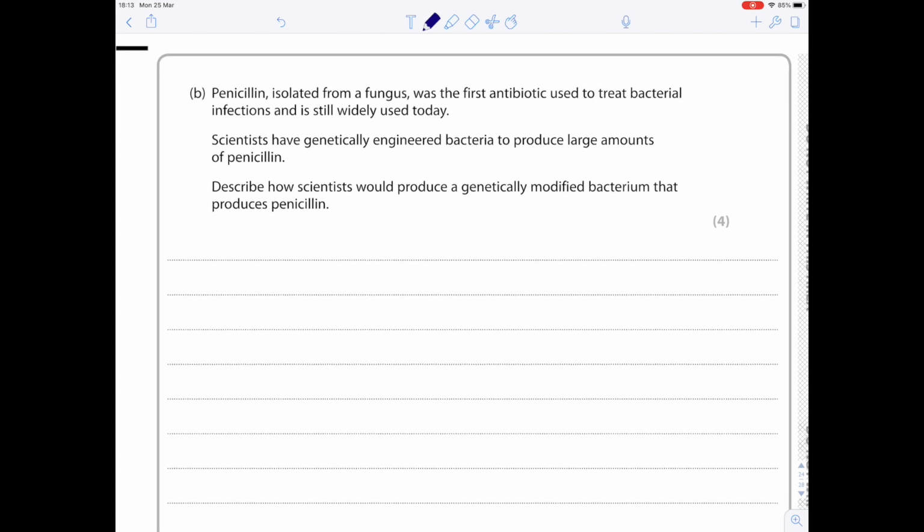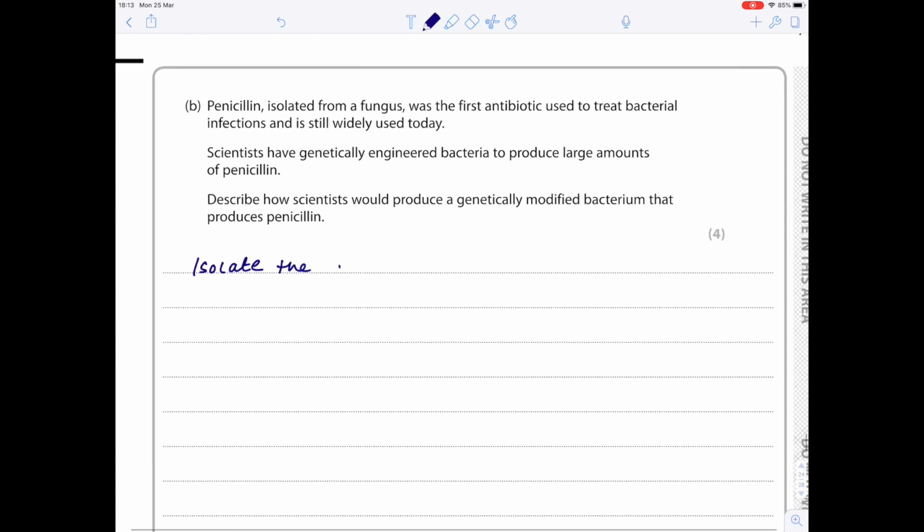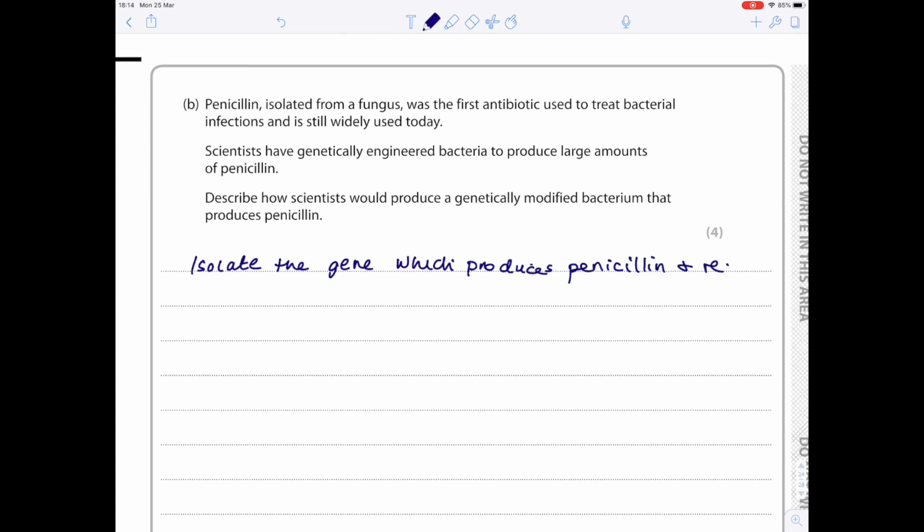So let's start by saying that you want to isolate the gene which produces penicillin and remove it using a restriction enzyme. Next up, you want to use the same restriction enzyme to remove the plasmid of the bacterial cell.